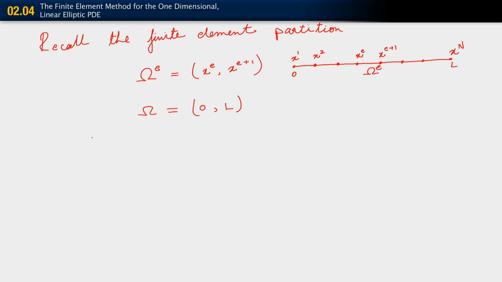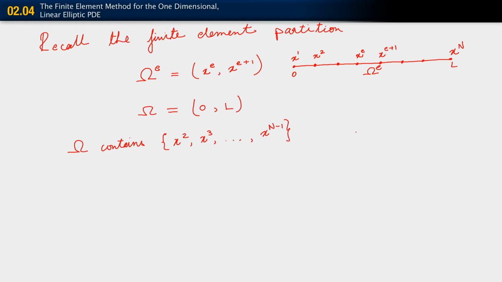All right, so omega contains the points x2, x3, and so on up to xn minus 1.